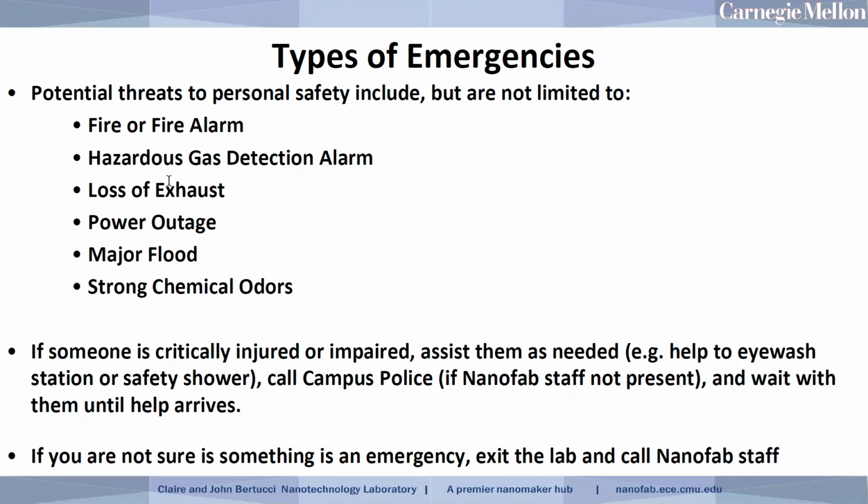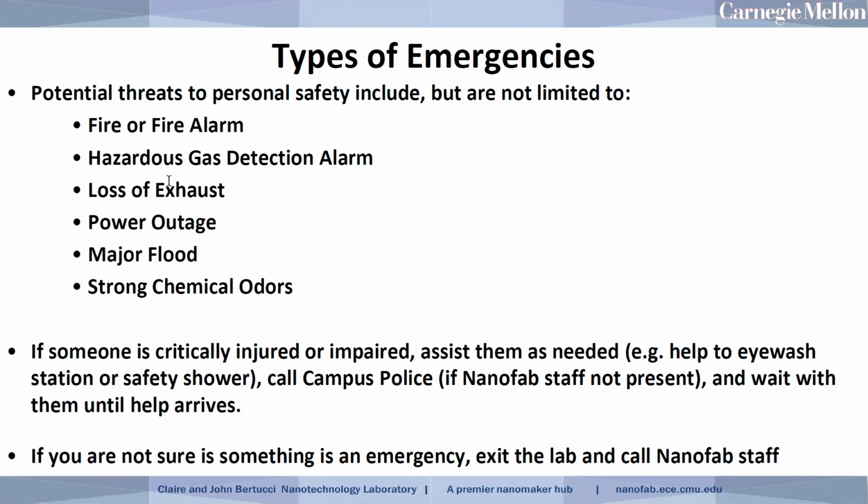We have a hazardous gas detection system because we have gases in the lab that are particularly hazardous, things that we use in different processes such as chlorine gas, BCl3, HF gas, silane, ammonia. So it's things that you wouldn't want to be around even at the parts per million level.